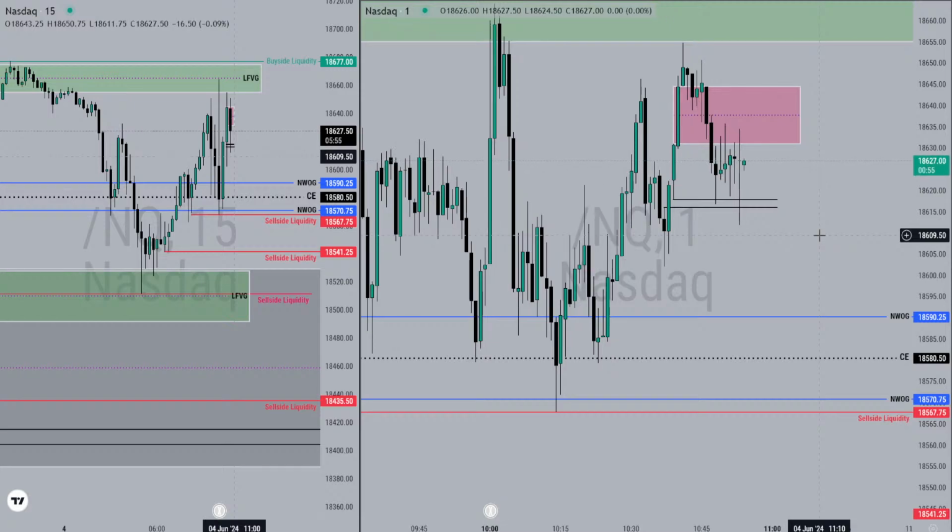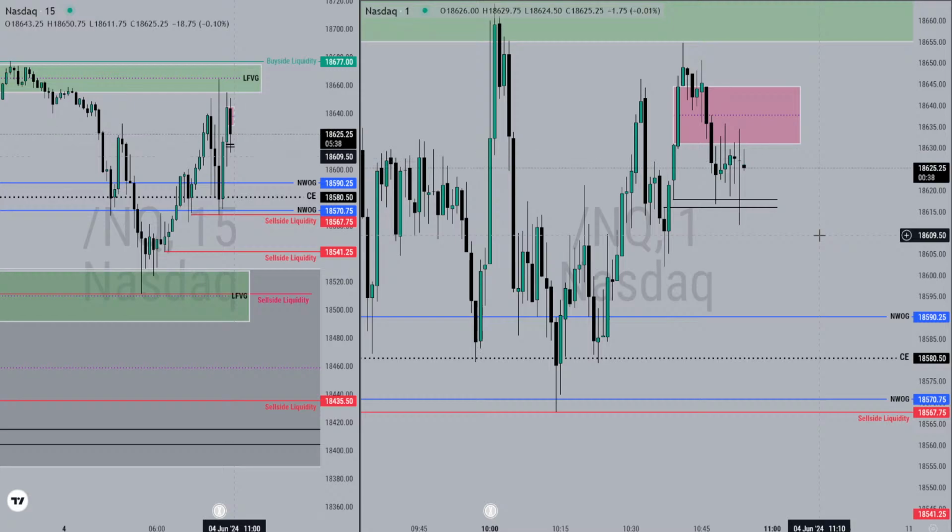Here, consolidation. Why is the market consolidating? Because the market has to go low, it has to fall, but it is unable to fall. Why, I don't know.